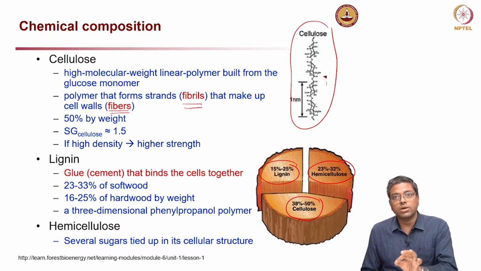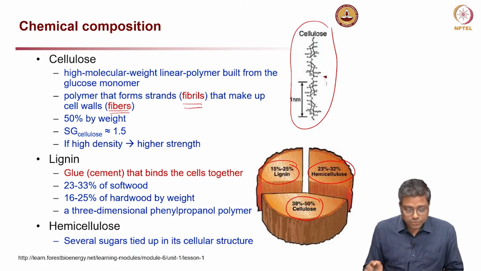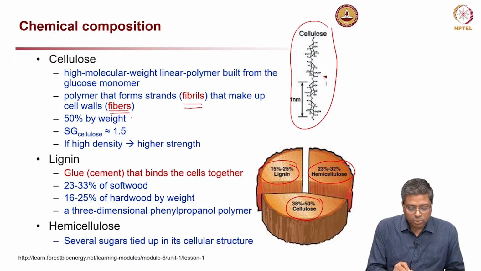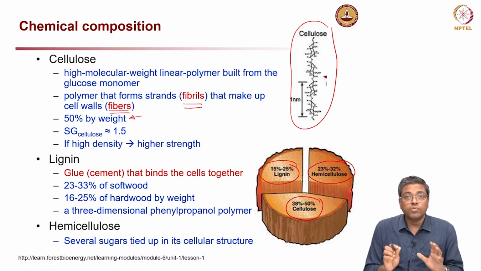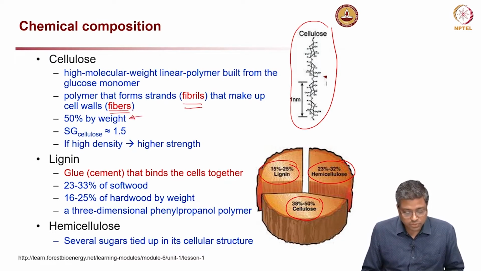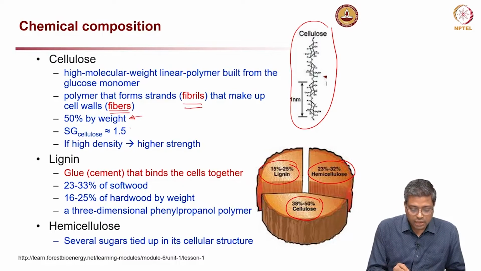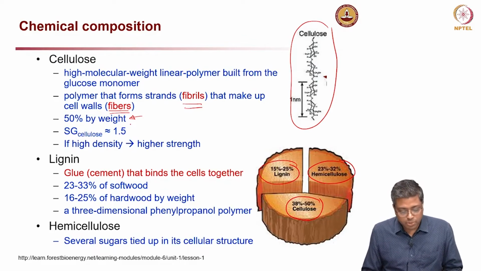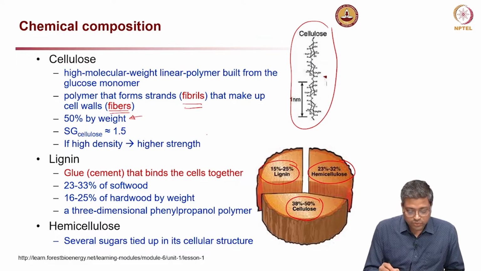These two things I will talk about in the next slide, the same image I will show again. Now 50% by weight of wood is cellulose, and its specific gravity is about 1.5. So, it is high density, and that leads to higher strength also.